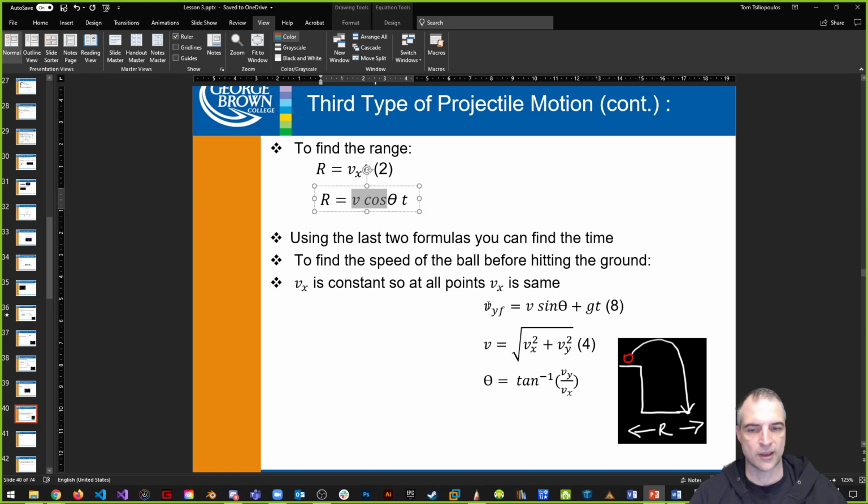So if that's true, then Vy final is equal to v sine theta plus g t. When we want to find the angle, we can rearrange and have Vy over Vx, then take the arc tangent to find out the kicking angle.